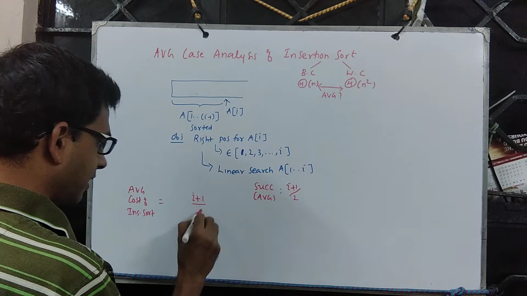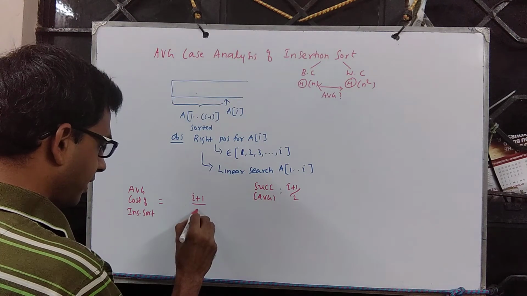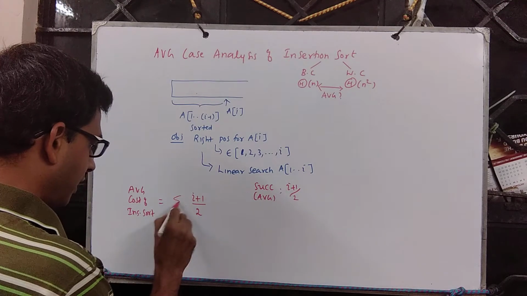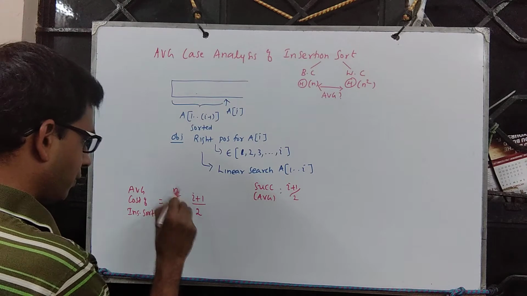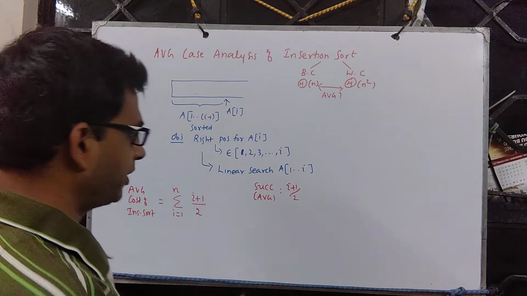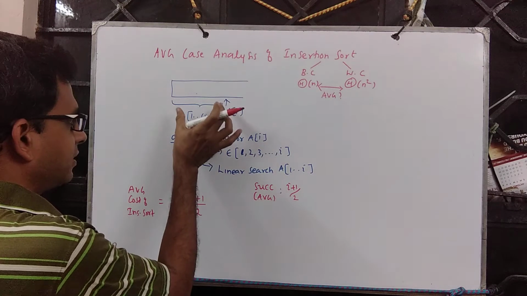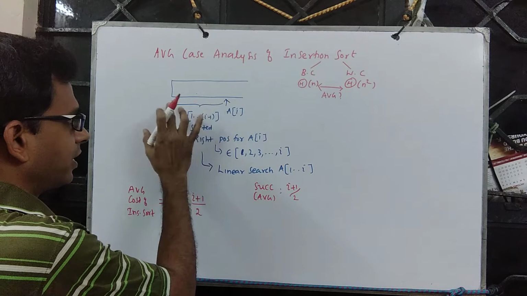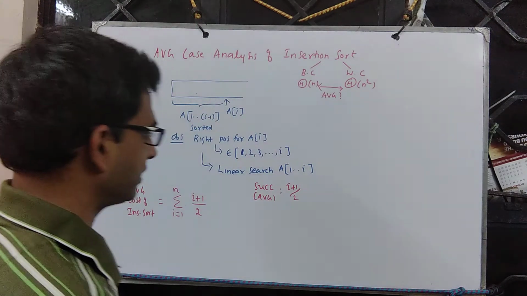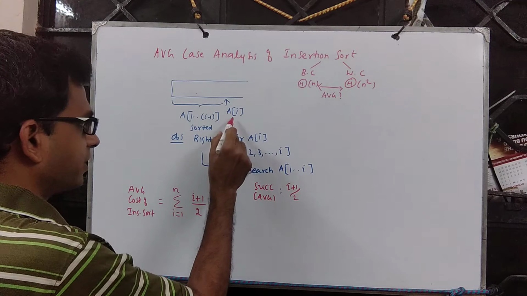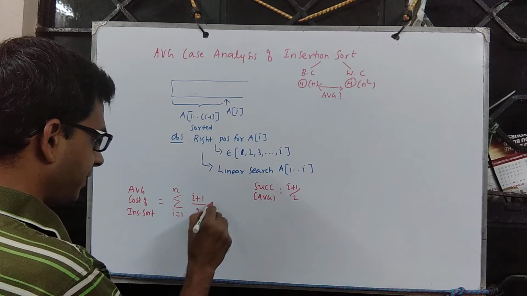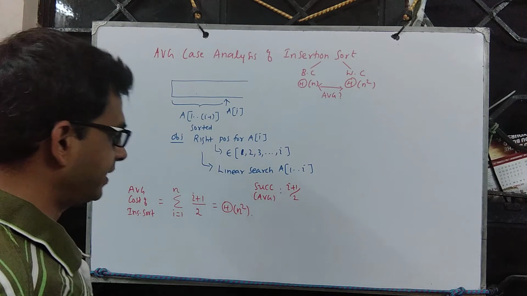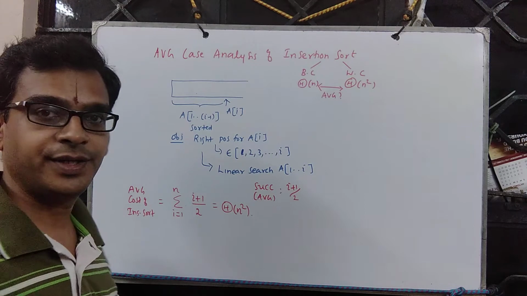We search in the first i locations, and on average we incur so much, and i varies from 1 to n. So one has to see 50% of the locations before we identify the right position for A of i. On simplification, we see that it is theta of n square. So interestingly, this is close to the worst case.